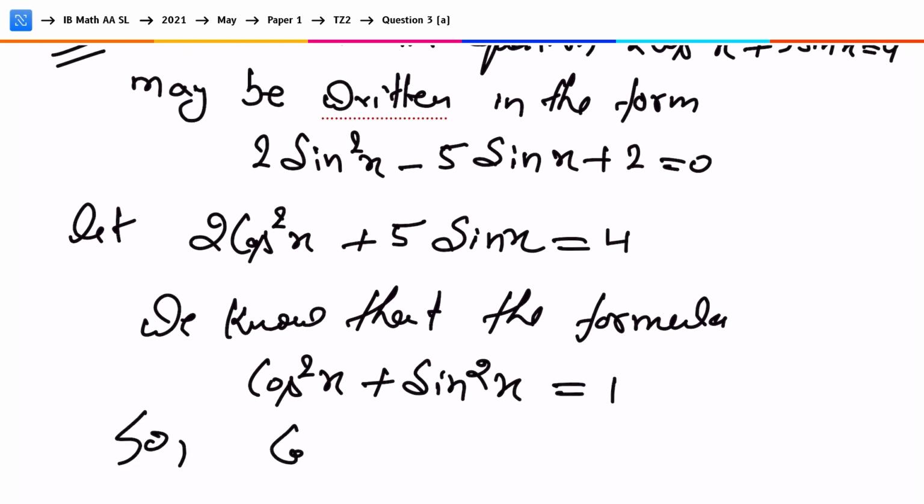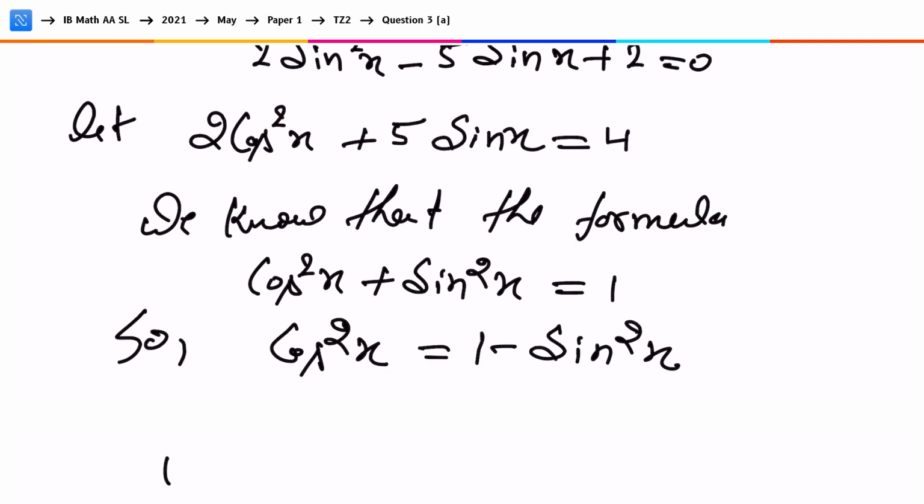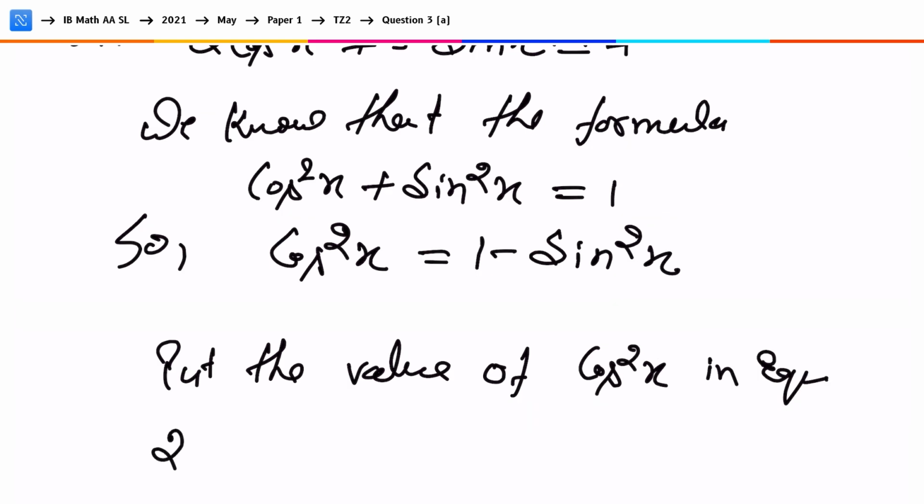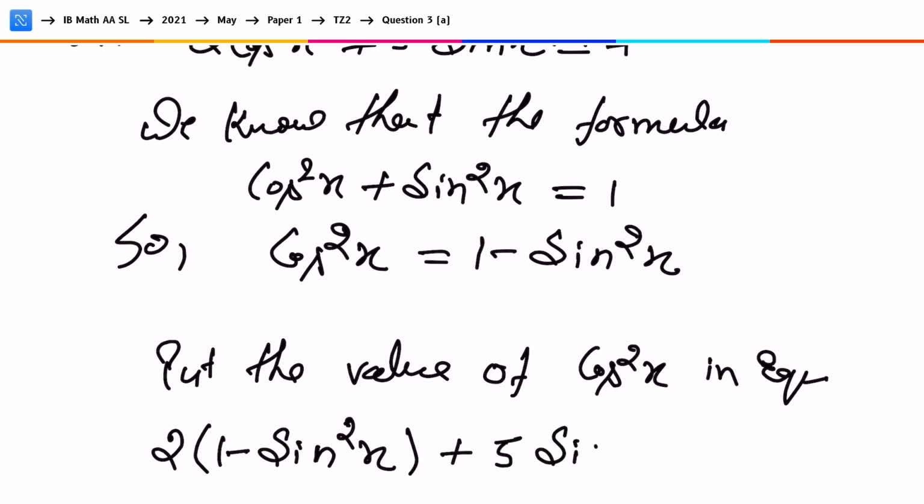So cos squared x equals 1 minus sine squared x. Put the value of cos squared x in the equation. So we have 2 times (1 minus sine squared x) plus 5 sin x equals 4.